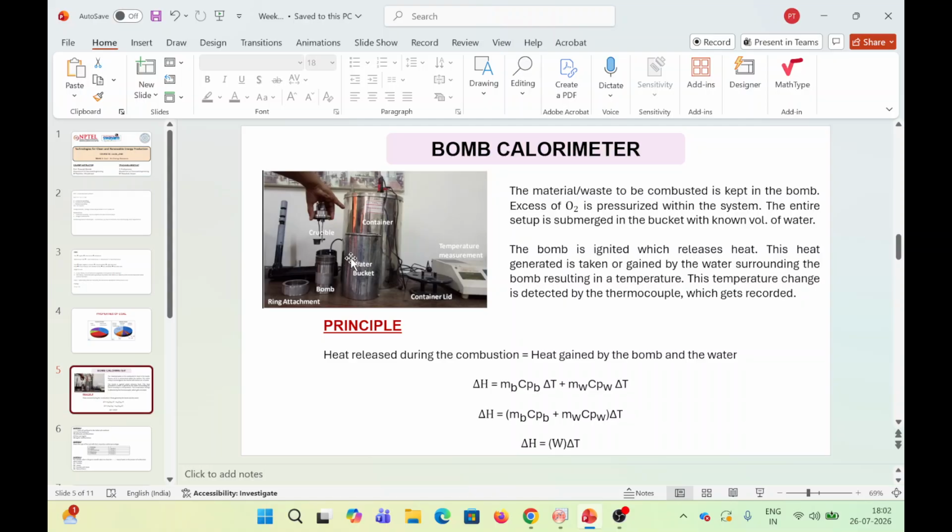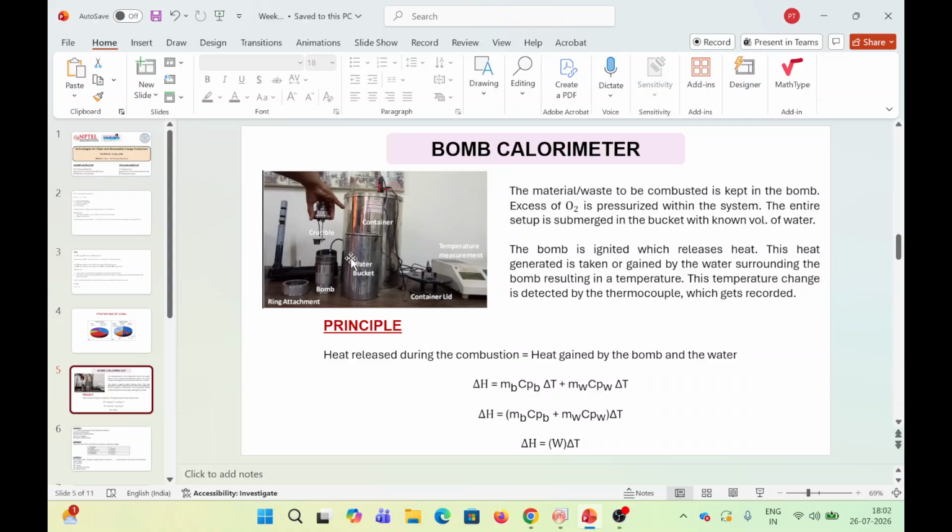Kindly remember this, because this is something very fundamental. We cannot measure heat, we can only measure heat in terms of temperature. The delta T that changes provides us information that heat is either released or added to the system.